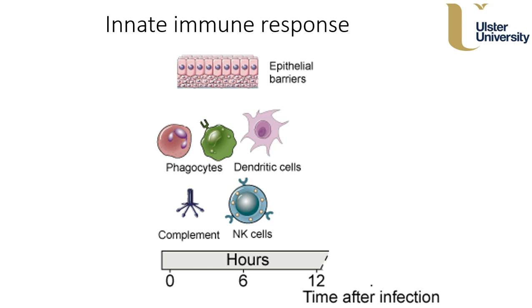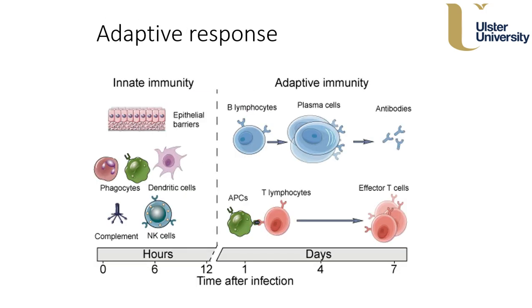So over the next 12 hours, the innate immune cells will attempt to dispose of the invading pathogens using a combination of methods including inflammation and phagocytosis. After 12 hours or so, the adaptive immune system is ready to begin its defense against pathogens. Many commonly encountered viral infections will be eradicated in less than 7 days or so, and this is mainly down to the adaptive response that has been mounted.